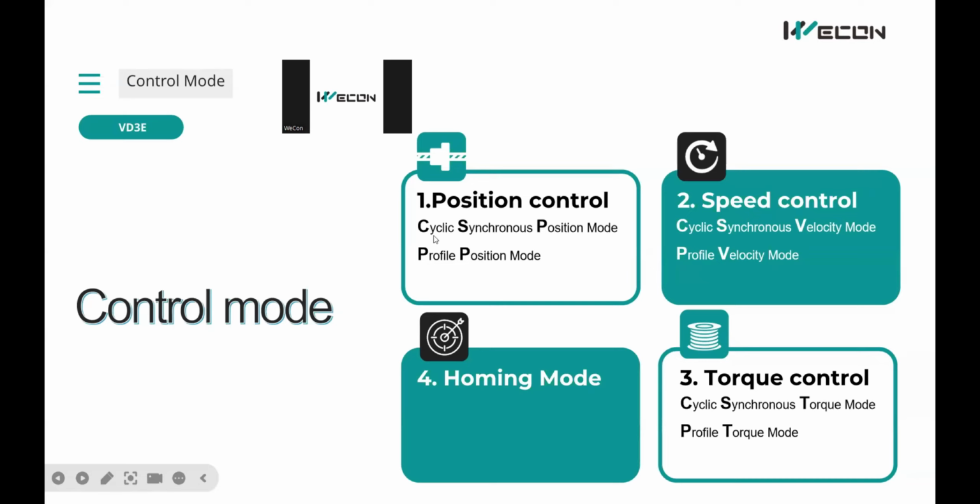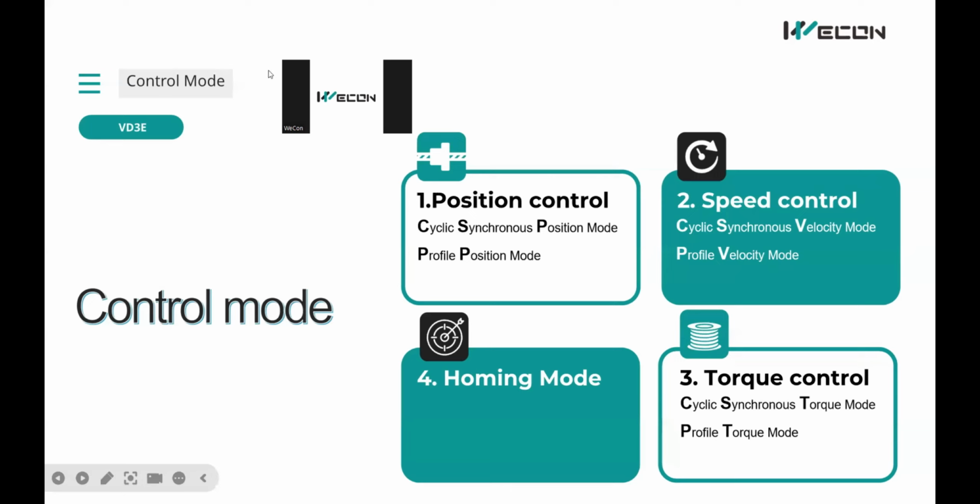For CSP, it means our controller, for example, our 6V or 6C or 6D, will send the target position to our driver, to our VD3E, in every sync period.